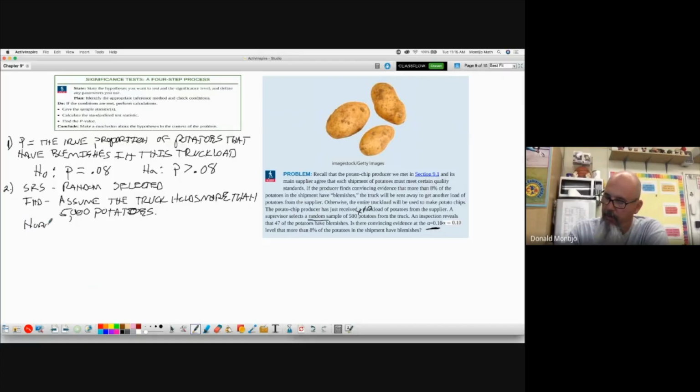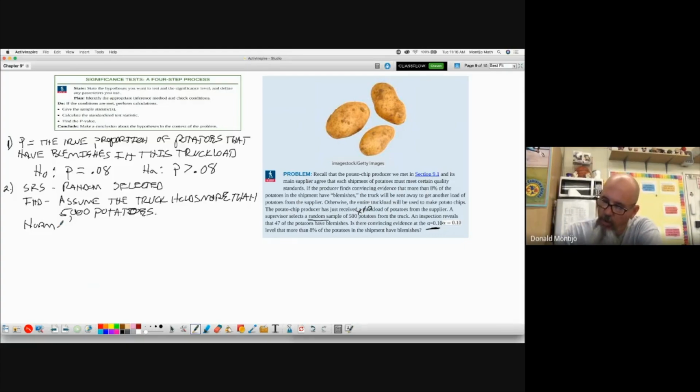Normality. Are n times p naught and n times 1 minus p naught both greater than or equal to 10? Well, let's find out. To check to see if the data is approximately normal, and we can use these z-scores in our favorite table A and our favorite standard normal curve, we have to check to make sure that it's normal.